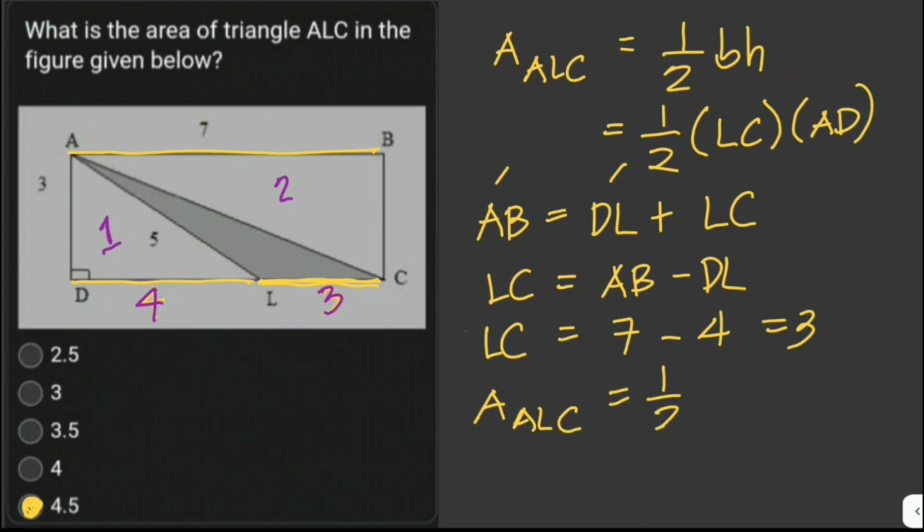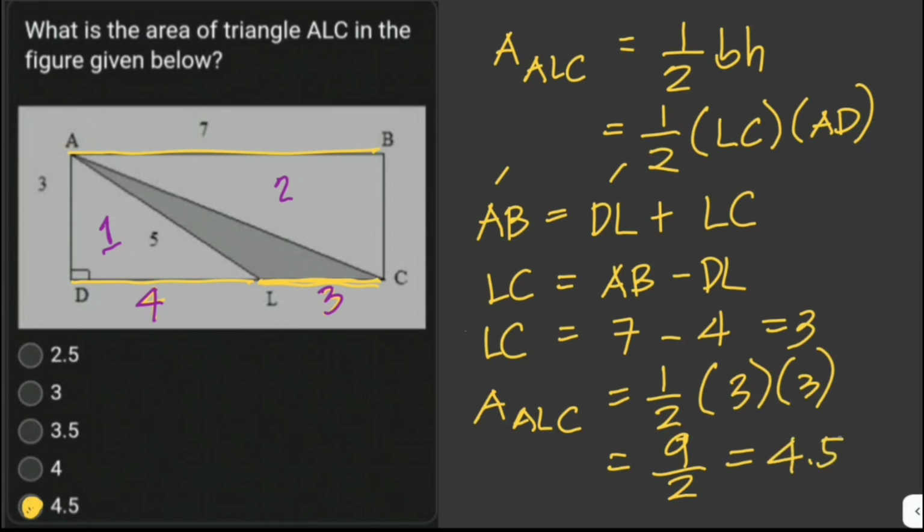So that is 1/2 base times height. So this is 3 times 3 is 9, 9 over 2, and this is just equal to 4.5. So we get the same answer. So you can choose either of the two solutions or methods, and which one is quicker and easier for you.